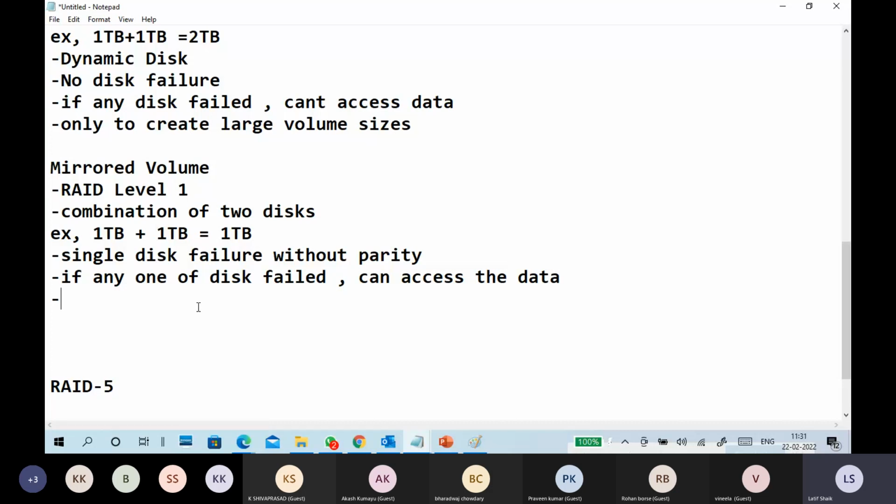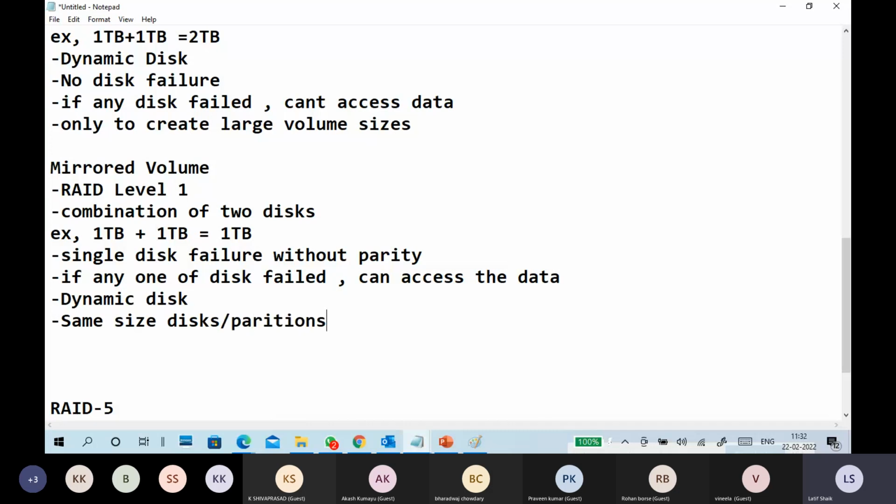Of course, we use a dynamic disk. Any volumes, we use a dynamic disk. No parity, same volumes. Again, dynamic disk. Next important is same size disks or partitions.